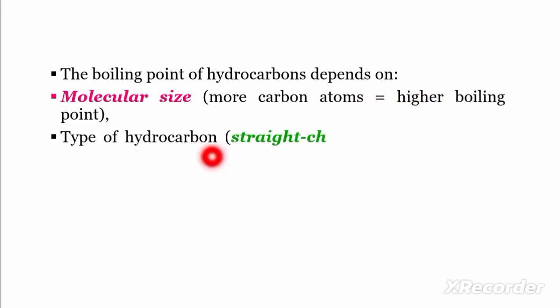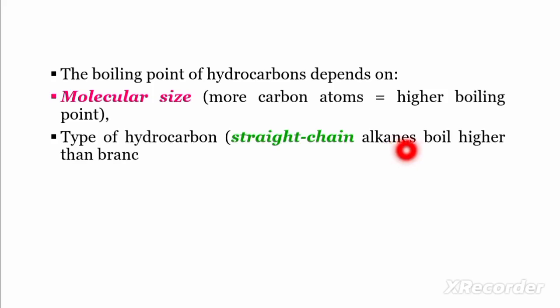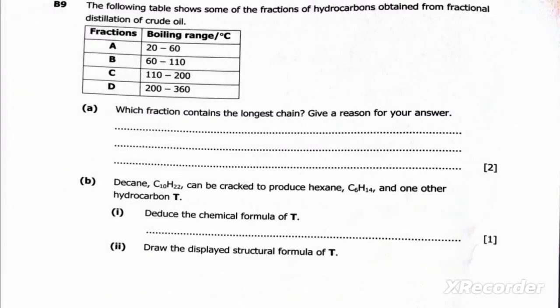Straight chain alkanes have higher boiling points than branched ones. So we have seen that the one with the highest boiling point is the one with the longest chain.